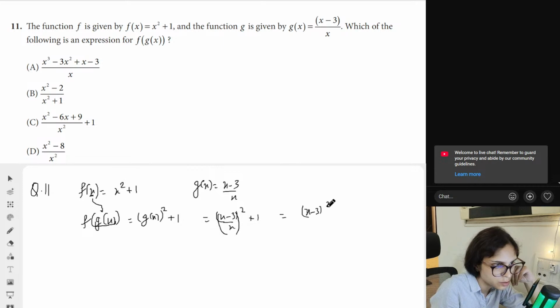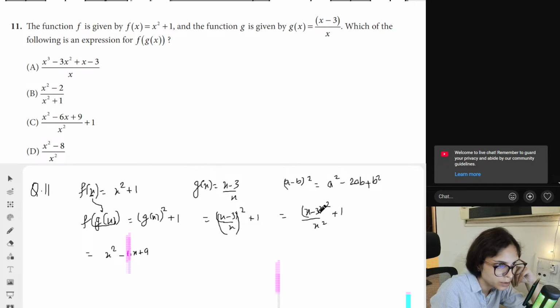So (x minus 3) squared over x squared plus 1. This is x squared minus 6x plus 9. We are applying that (a minus b) whole squared is a squared minus 2ab plus b squared. So x squared, 2ab is 3 and x, 3 times 2 is 6, 6x, and then plus 9.